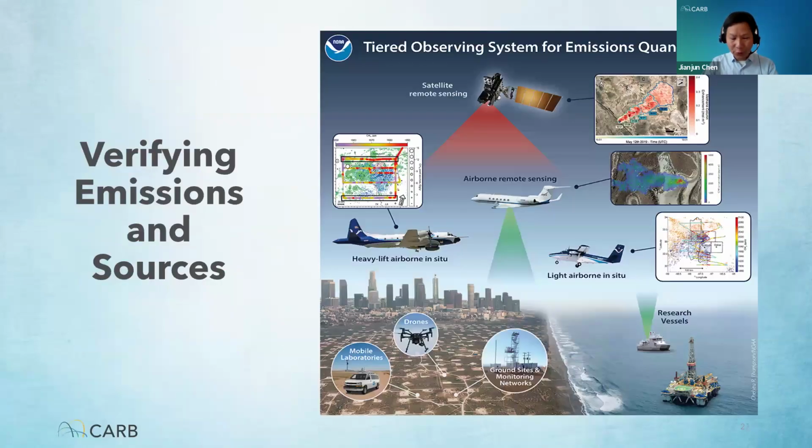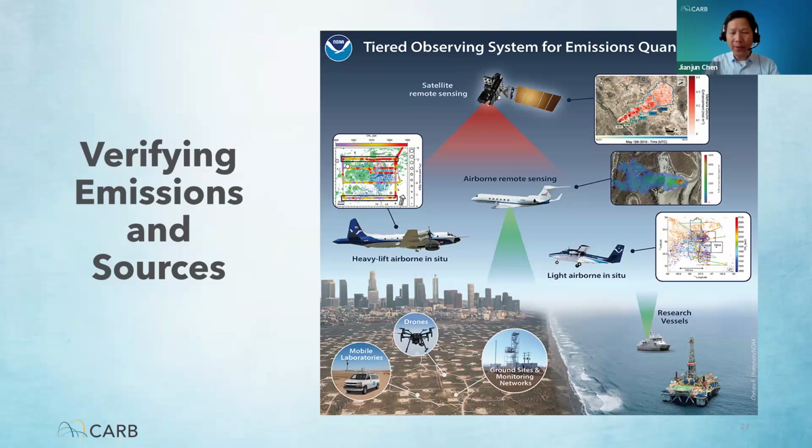Now I'd like to shift to discussing some of the different measurement platforms we can use to investigate sources of PM 2.5 and to verify and improve the emission inventory. California has an extensive ground-based routine monitoring network that measures PM 2.5 mass, PM 2.5 composition, and precursor pollutants.